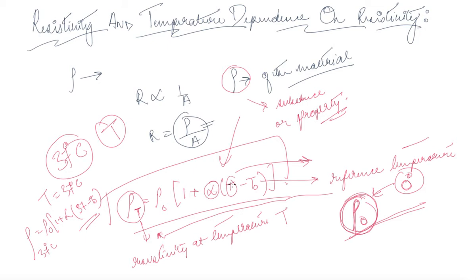So what exactly is your alpha? Now alpha is called your temperature coefficient. This is a temperature coefficient of resistivity.